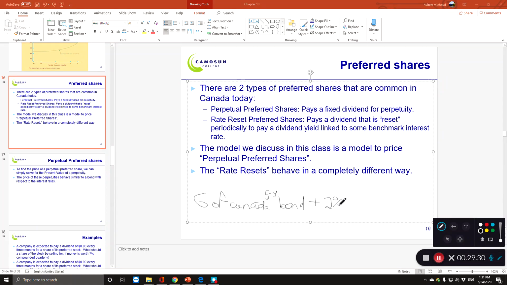So basically a rate reset will have something like that, a clause in there that says the interest rate that this preferred share will pay is going to be the Government of Canada 5-year bond rate, right? The interest rate on that 5-year bond plus 2% or plus 3% or plus 4% or plus 1%.